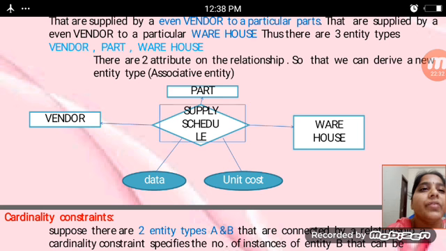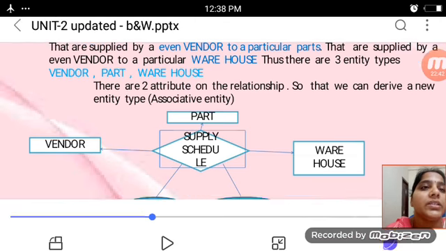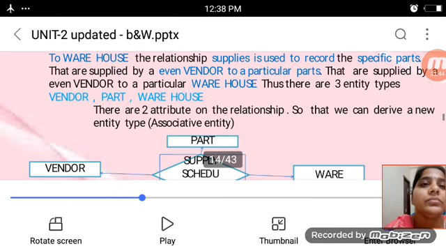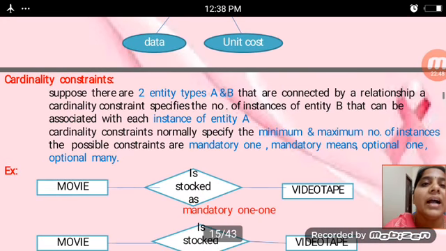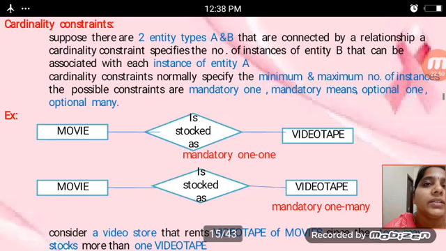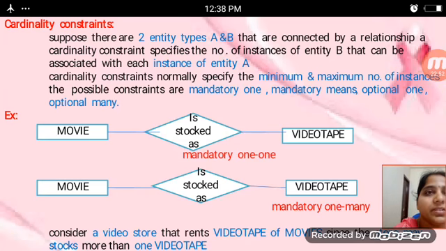In this supply, we record when he supplied, on what date, and at what cost he sold. This is about the relationship model. After that, I am going to tell about cardinality constraints.